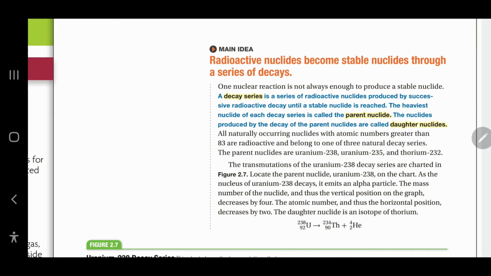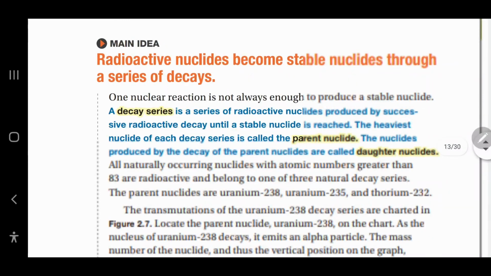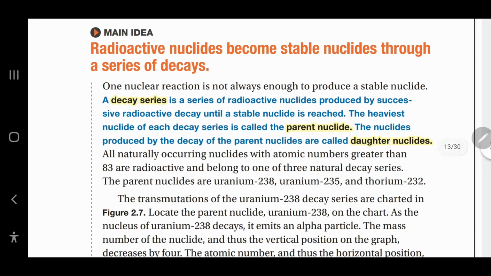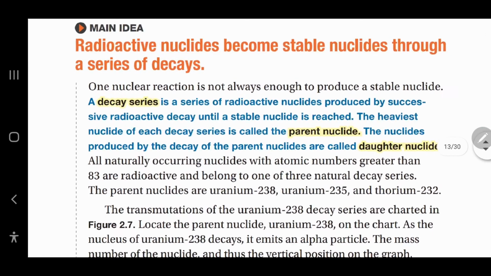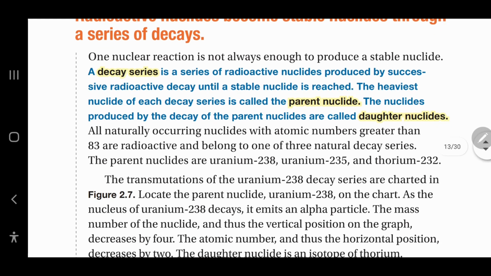In this scenario, as you know, we will start with the first nuclide, which we call the parent nuclide. So the nuclide at the top of the series will be called the parent nuclide. And all of the other nuclides that are produced by this decay are called daughter nuclides. All naturally occurring nuclides with atomic number greater than 83 are radioactive.